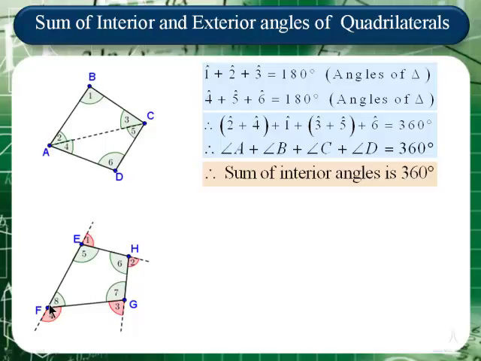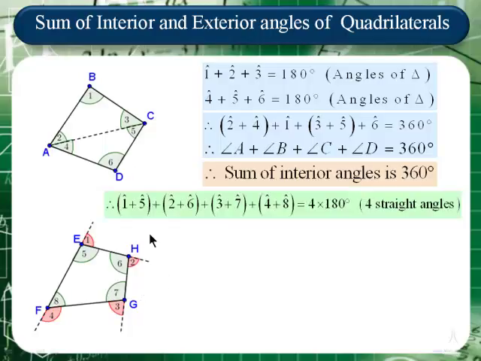Well, I can either produce FE and then look at the adjacent angle, or I can produce HE and then determine that exterior angle. So I've indicated the 4 interior as well as the 4 exterior angles. Exterior angles are indicated here in red.